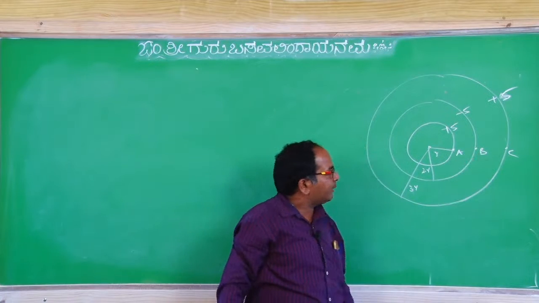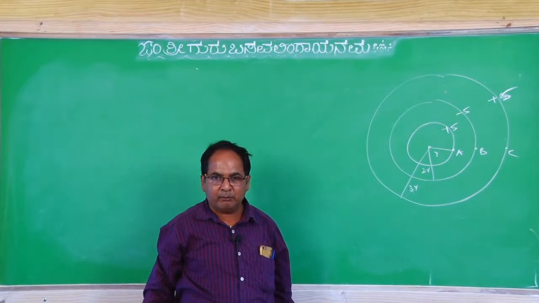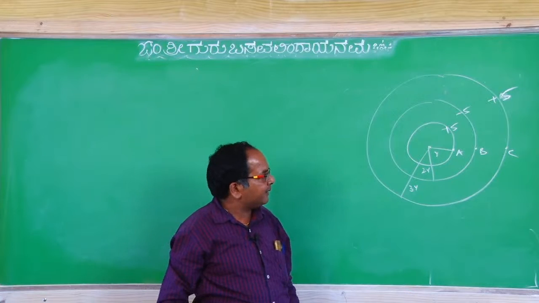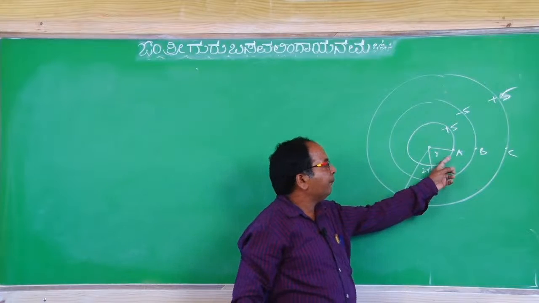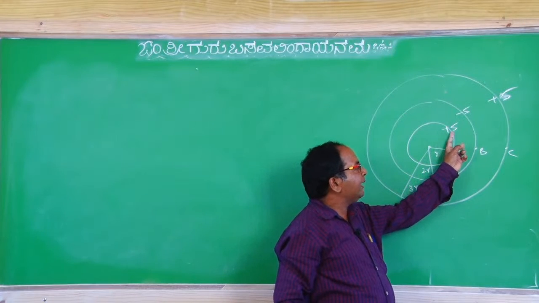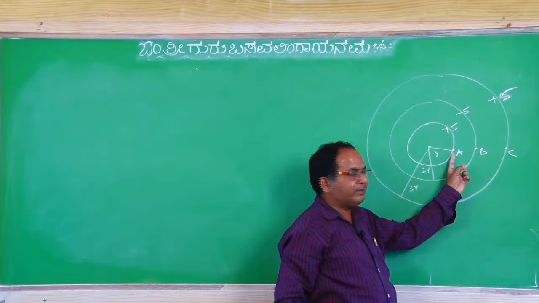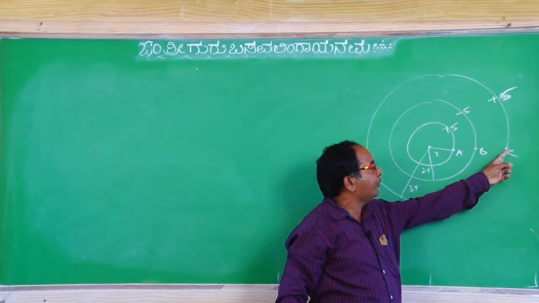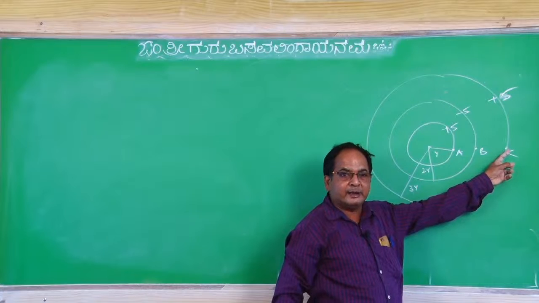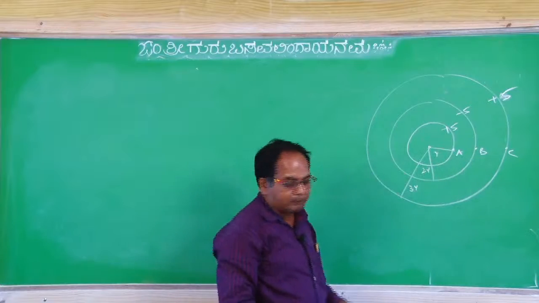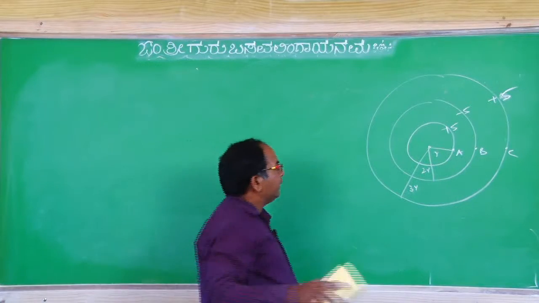Here, on which sphere is the potential more? A, B, C. On which sphere is the potential more? A. Why? Because here QA divided by R. Here the term will become QA divided by 3R. So the denominator is increasing, so its value decreases. Understood? So this point is very, very important.